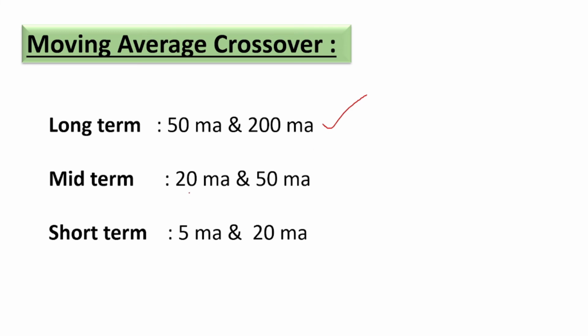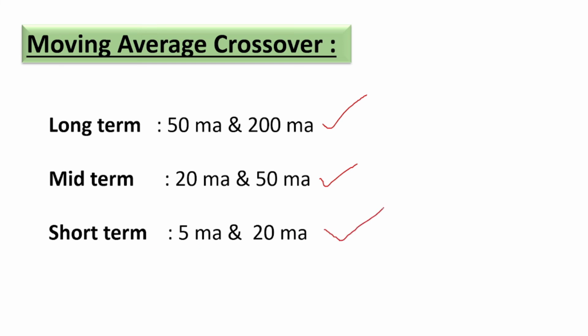If you are planning a mid-term trade or investment, like a couple of months or 6 months, less than 1 year, you can use the 20 EMA and the 50-day EMA. If it is short term, like weeks or a couple of days, you can go with the 5-day moving average and the 20-day moving average.